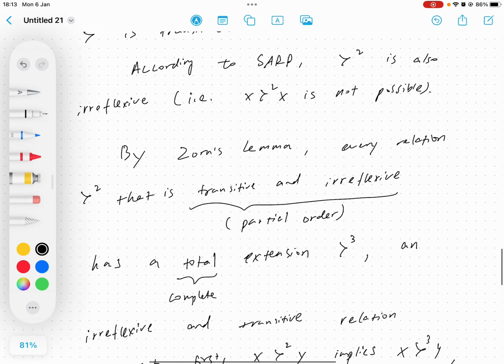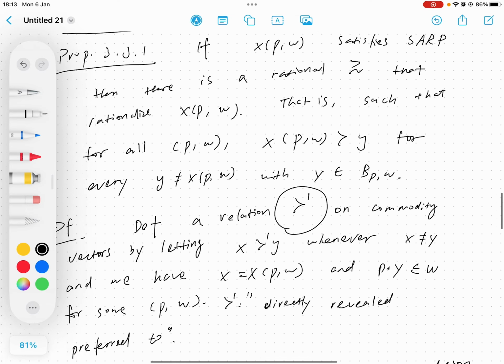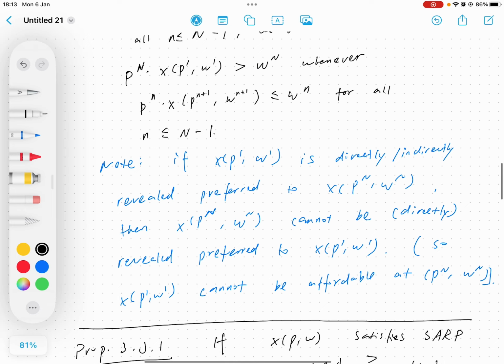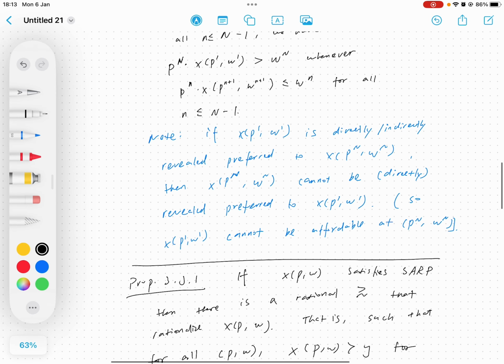We can see the difference between the stronger version and the weak version is that in the stronger version we require this chain, a kind of recursive closure of the weak axiom.